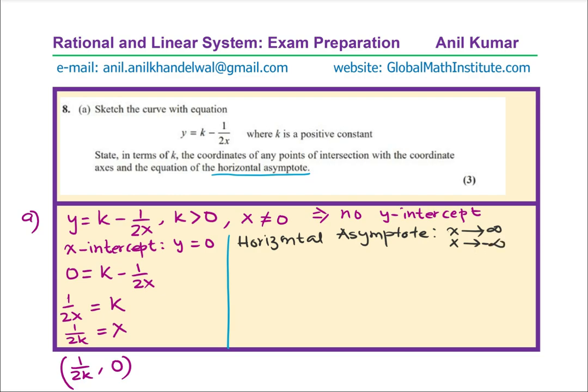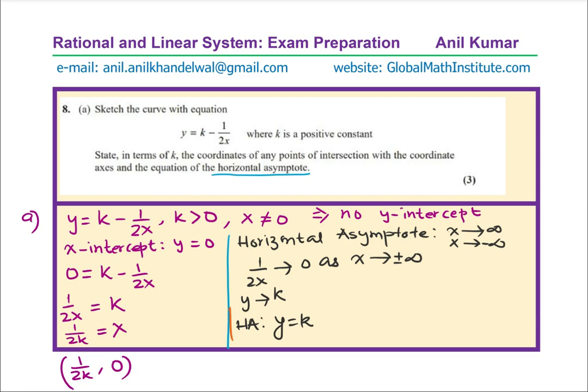In that case, we know very clearly that 1 over 2x approaches 0 as x approaches plus or minus infinity, and that clearly indicates that y approaches k. And so we have a horizontal asymptote, which is y equals k. That is how you can find the horizontal asymptote.